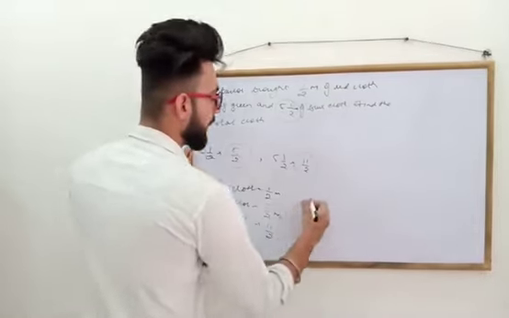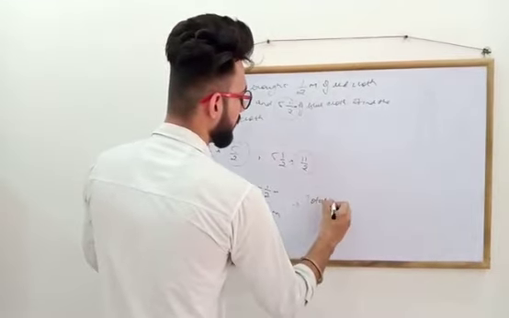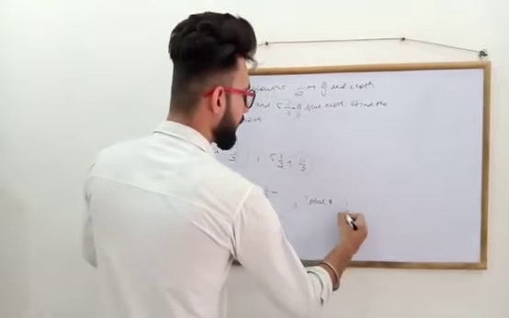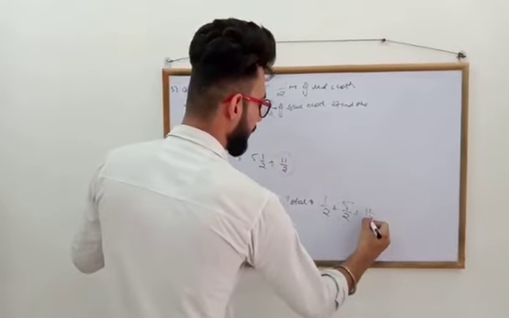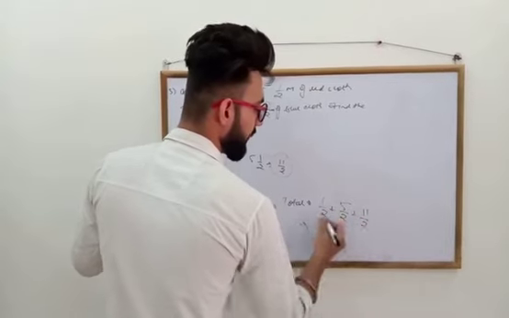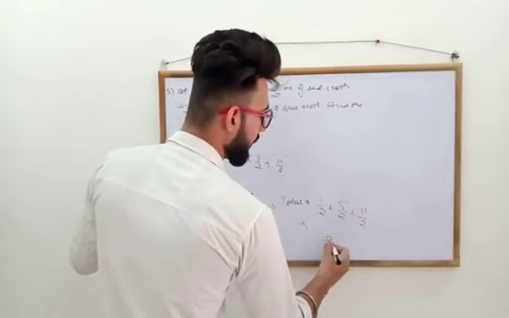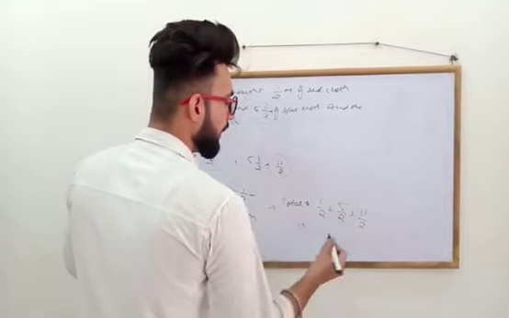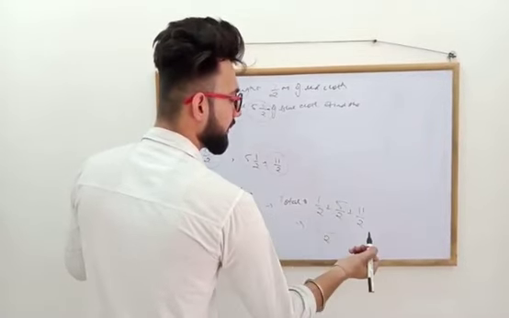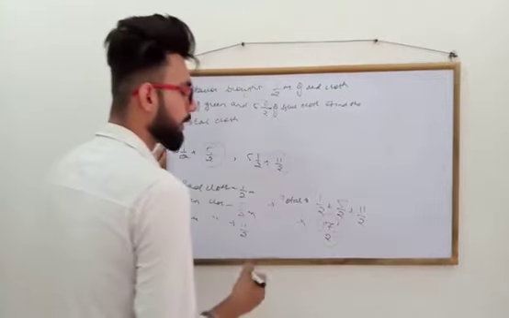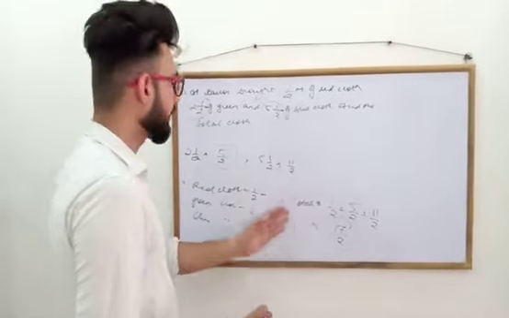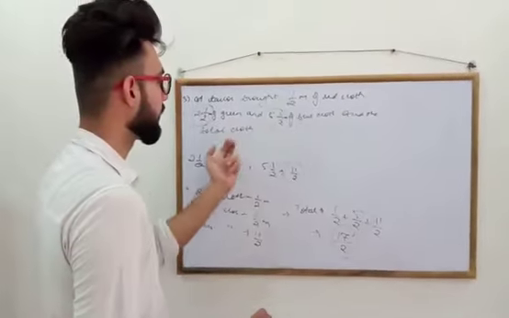And total is equal to 1 by 2 plus 5 by 2 plus 11 by 2. Now the denominator is the same, so we will write 2 as the denominator, and 11 plus 5 is 16, and 16 plus 1 is 17. So 17 by 2 is the answer to this question, that is the total cloth.